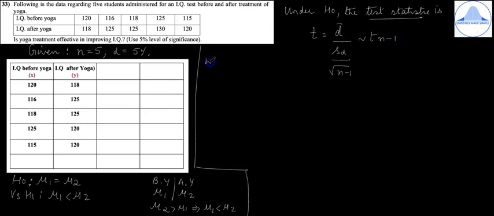So I'll just write the other calculations here, where d bar will be equal to summation d by n and sd square will be equal to summation d square by n minus summation d by n the whole square.